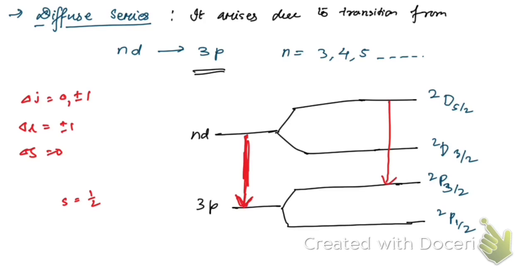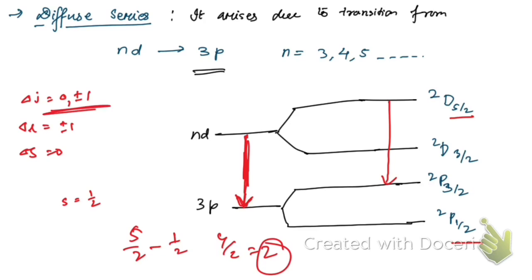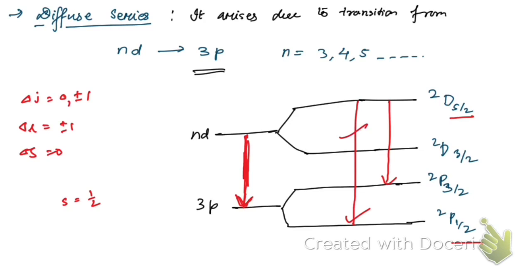This is one component we have got. Now let me check if the transition is possible between these two or not. Here 5/2 minus half is 4/2, that is 2. The difference in J is 2, not allowed, only plus minus 1 and 0 are allowed. So the transition between these two levels is not allowed.